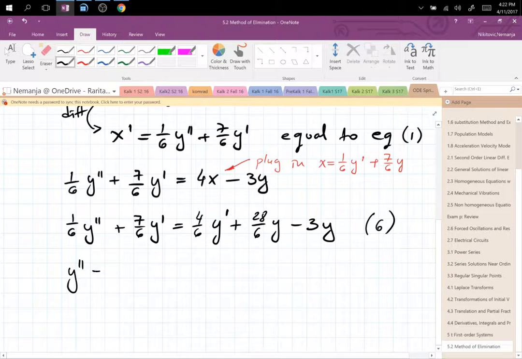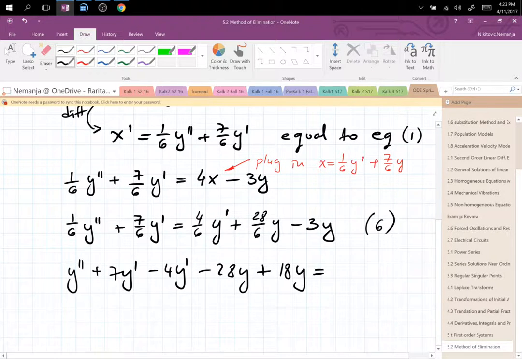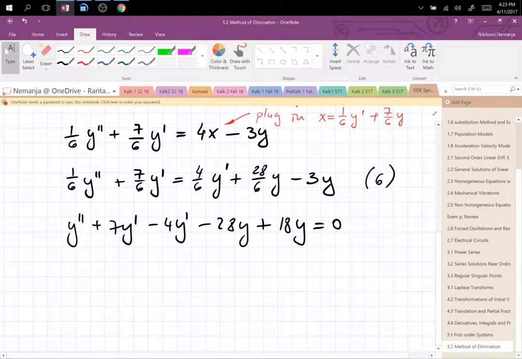So y double prime plus 7y prime minus 4y prime minus 28y plus 18y equal to 0. y double prime plus 3y prime minus 10y equal to 0.